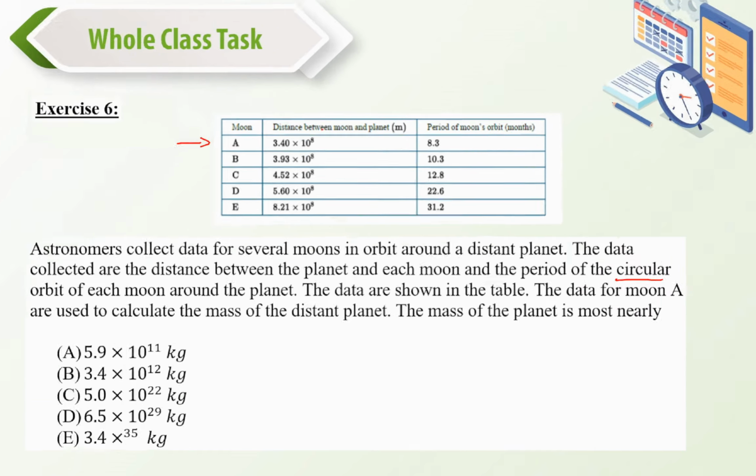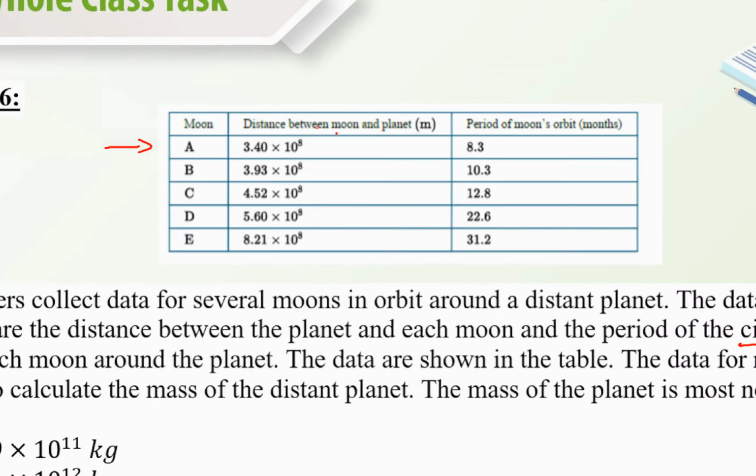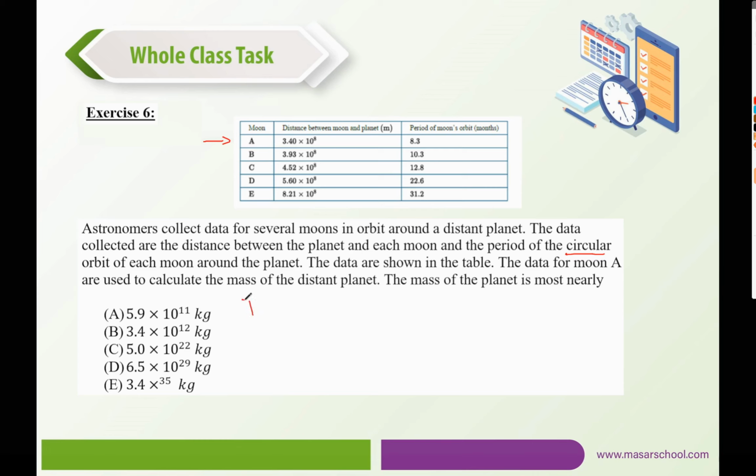For the first row, we have the distance and we have the period, and definitely we can determine the mass of the planet using the relation. The period is the square root of 4 pi squared r cubed divided by GM, in which M is the central mass, which is basically the mass of the planet. Remember, if this is a free response, we need to derive it from scratch, but because it's an MCQ, if you already know the formula, you can directly use it because they don't care about your solution.